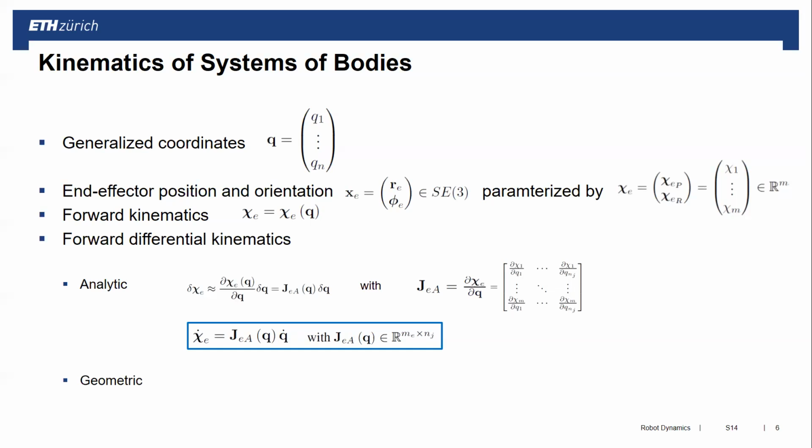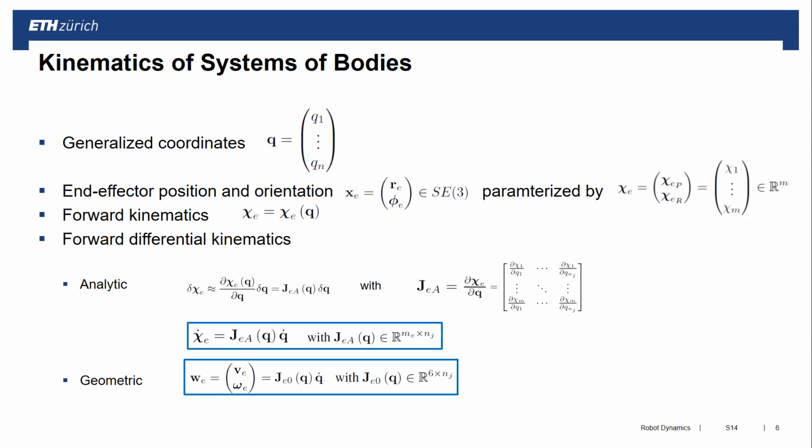And we did this also for the geometric Jacobian. What we looked at is what my end effector velocity, the linear and angular velocity, is, and how that is related to the Q dots. And in between here, we have this geometric Jacobian.